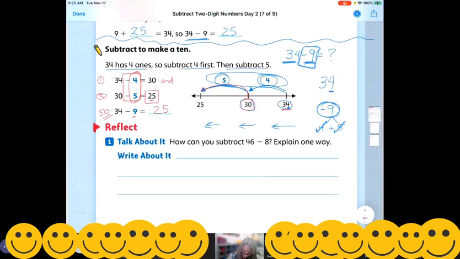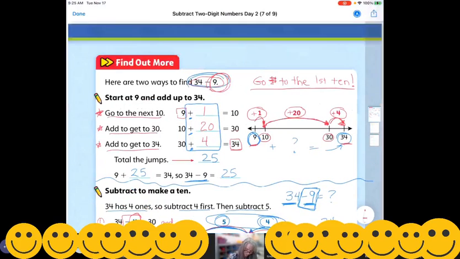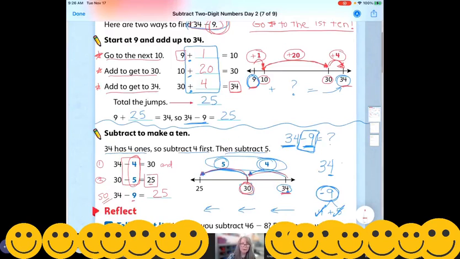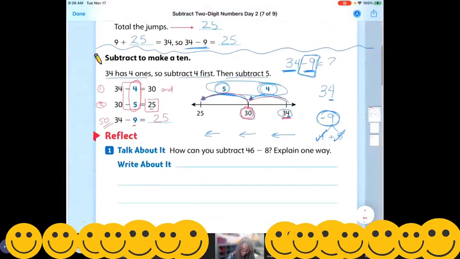Starting at 34, subtract to get to the 10, and then following up with 5 more to subtract. In this case, we don't know how much we're adding up in the subtraction part. Okay, we're using the 34 and the 9 on the number line and adding up. In the second example, we are going to start at 34 and we're going to take away 9 in our jumps to find out the final answer.